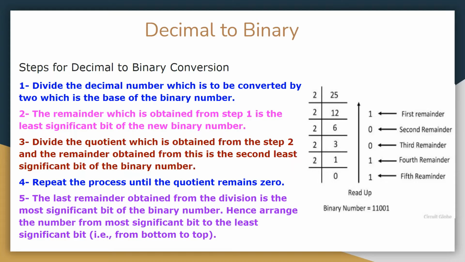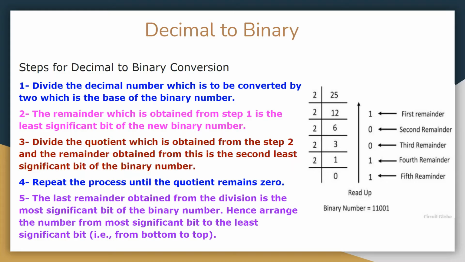Next we read the remainder column from downwards to upwards, that means in the backward direction. Okay, here you can see we collected the remainder 1 first.